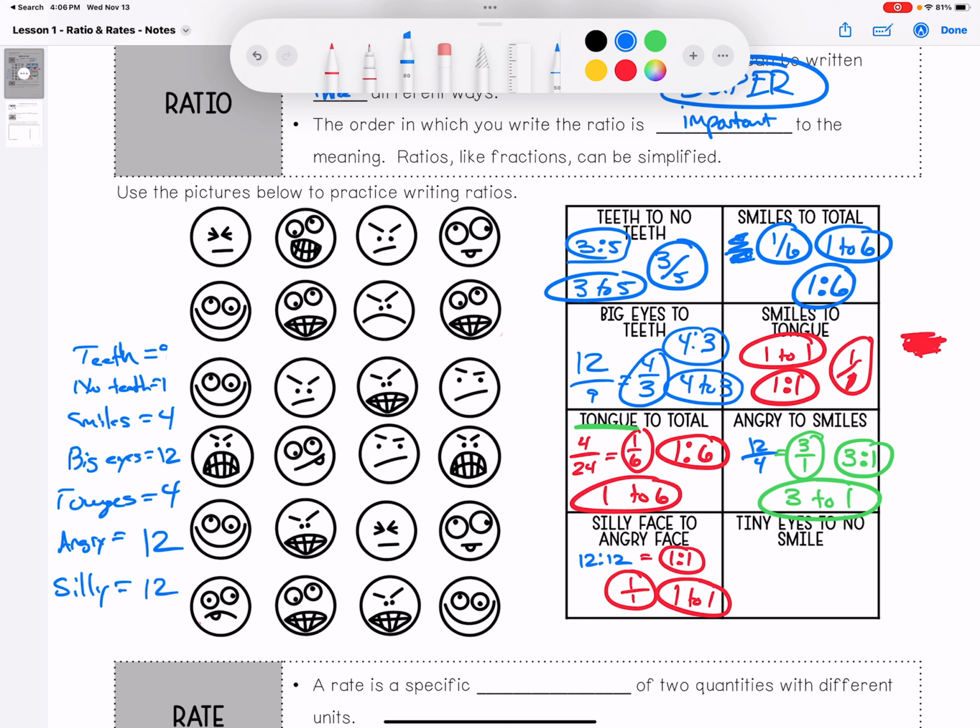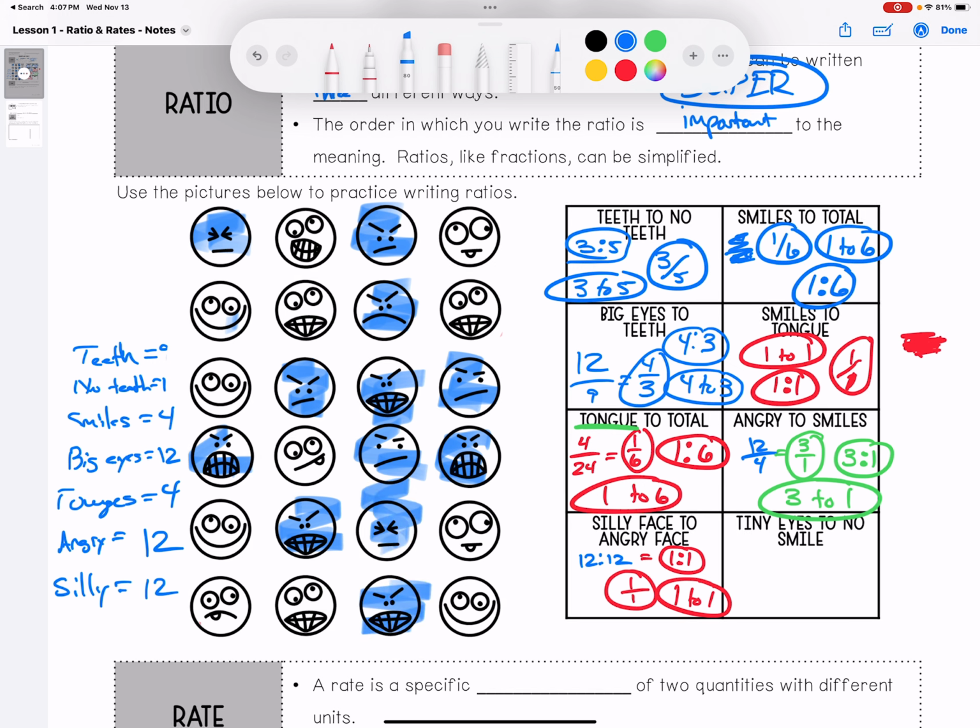But let's count them. No smile. We know how many smiles there are. There are 4. Okay, so that means there's 20 no smiles, because there's 4 smileys. So that means tiny eyes, 1, 2, 3, 4, 5, 6, 7, 8, 9, 10, 11, 12.